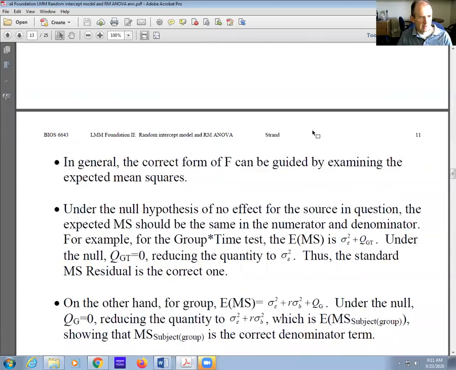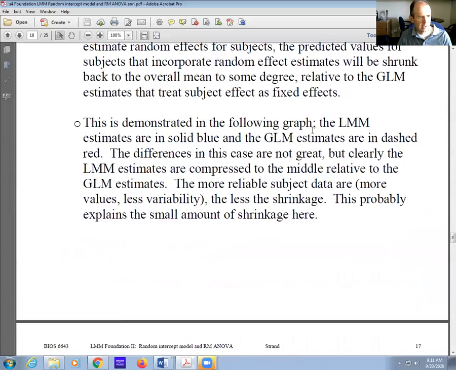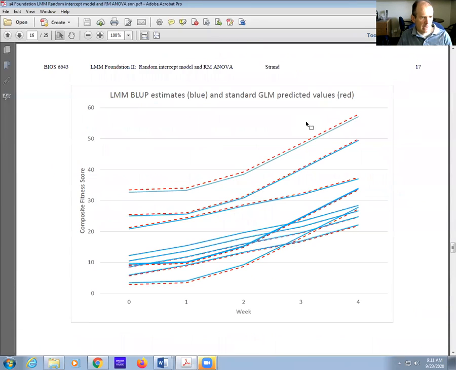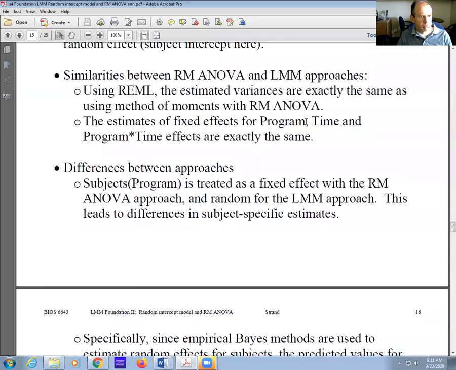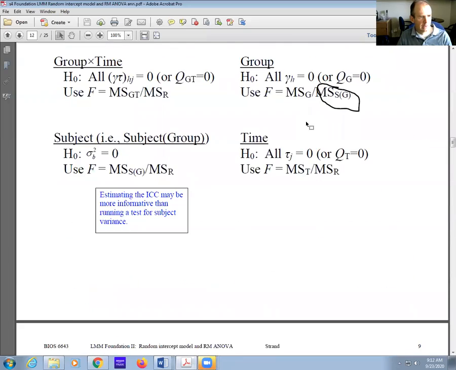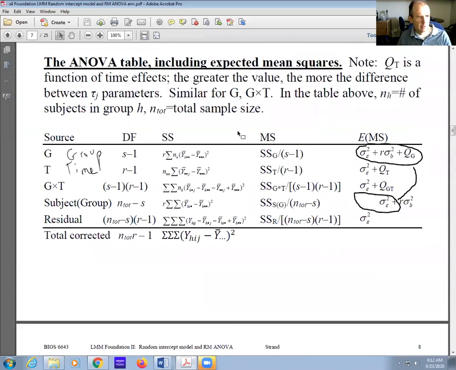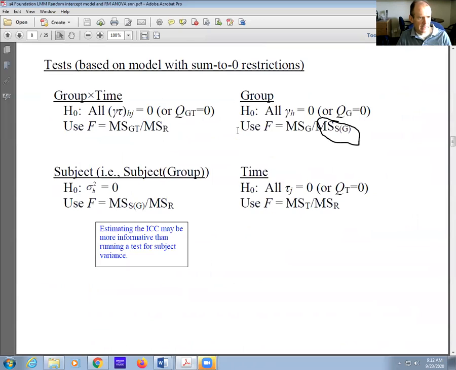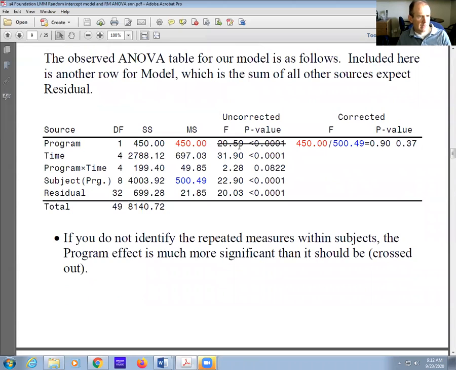We had this table where we broke down the sums of squares. So here's our table, with the fitness data. We have the total degrees of freedom, and then we break it down into different sources.